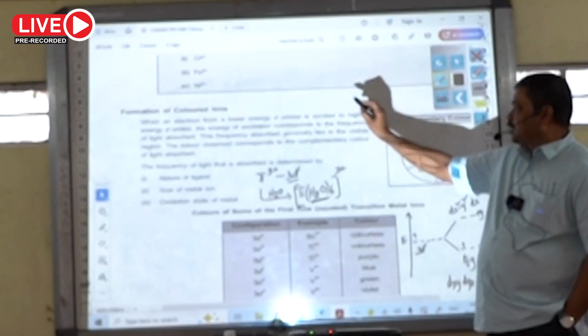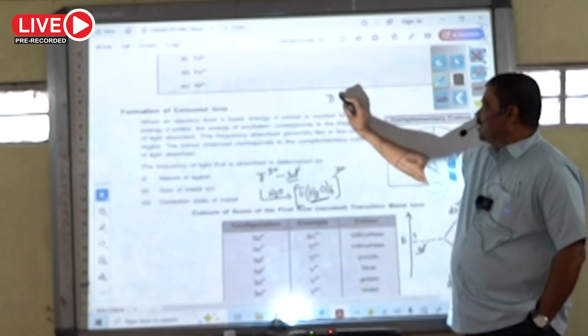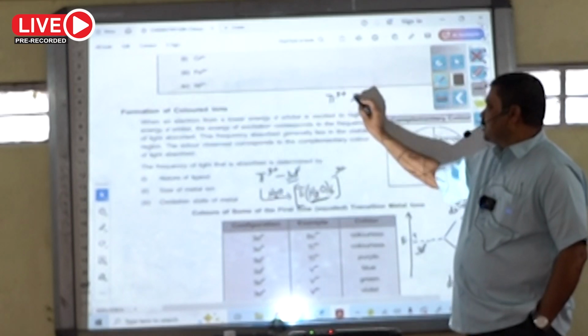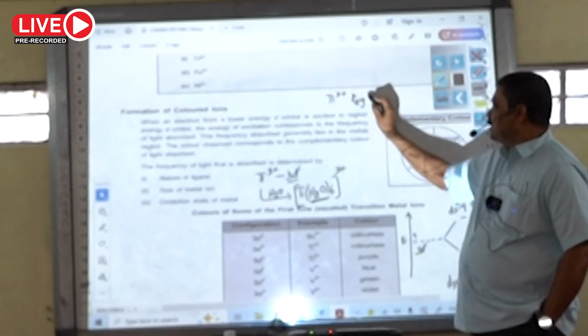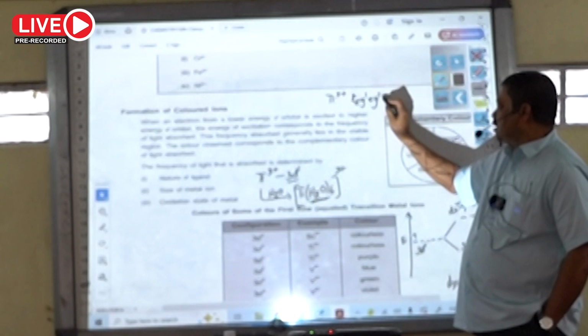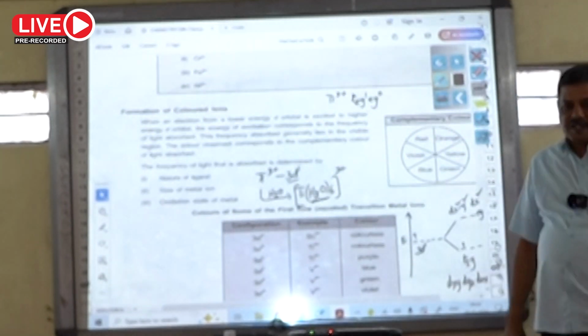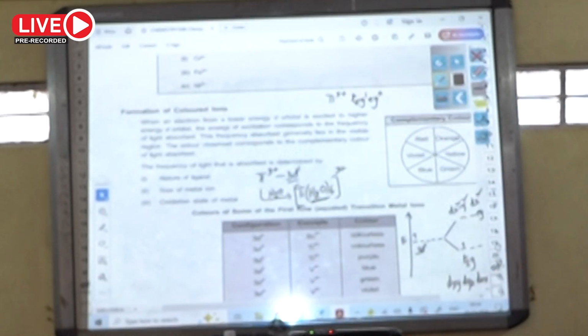So titanium 3 plus configuration is t2g1 eg0. This is the configuration. Normally we say 3d1.